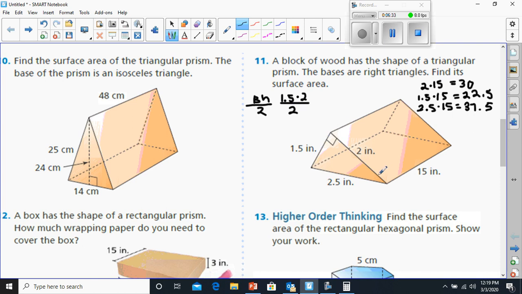We would not use the slant height here because that's going to give us the slant height. We need the height of the triangle. So really we got 2 over 2, and that means each triangle is going to be 1.5. And since there's 2 triangles, we'll have to multiply that by 2. And 1.5 times 2 should give me 3. So that means both of the triangles are going to equal 3.